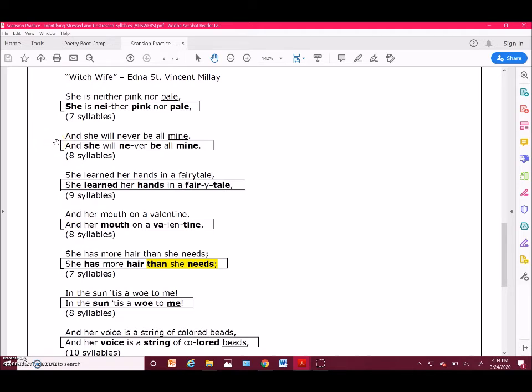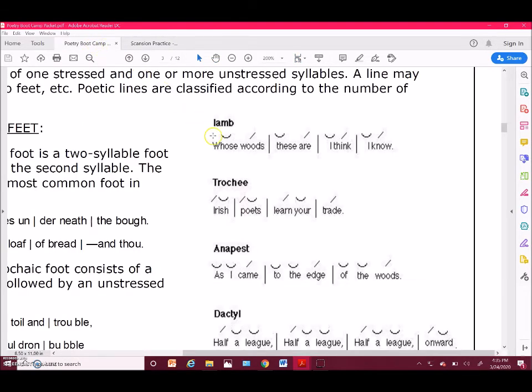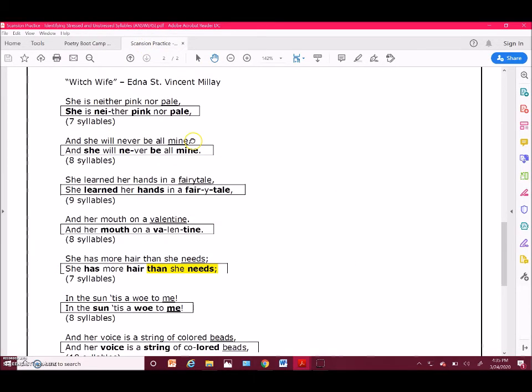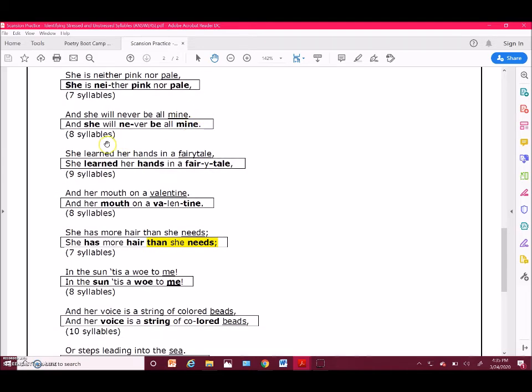And she will never be all mine. No, that sounds really weird. So I think it's right this way. Unstressed, stressed, unstressed, stressed. Unstressed, stressed, unstressed, stressed. Well, that's iambic. That's an iambic line.